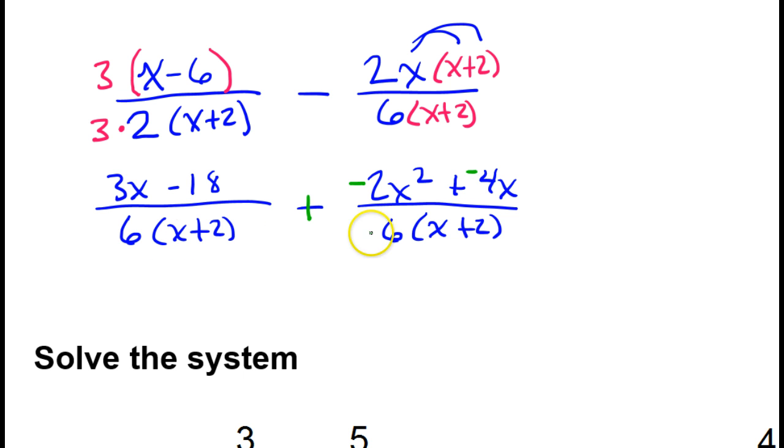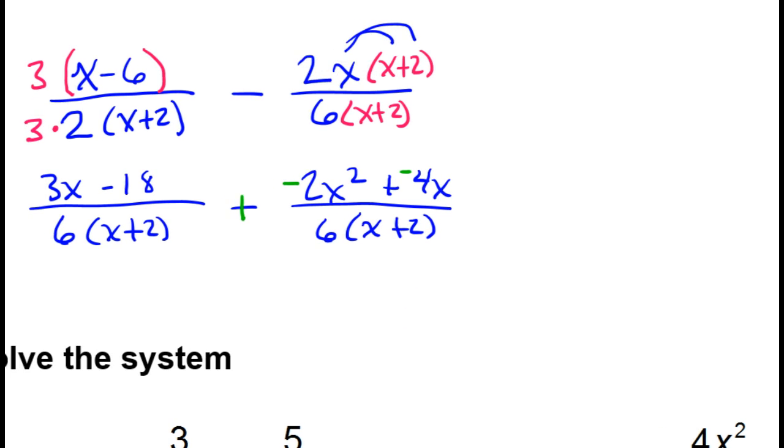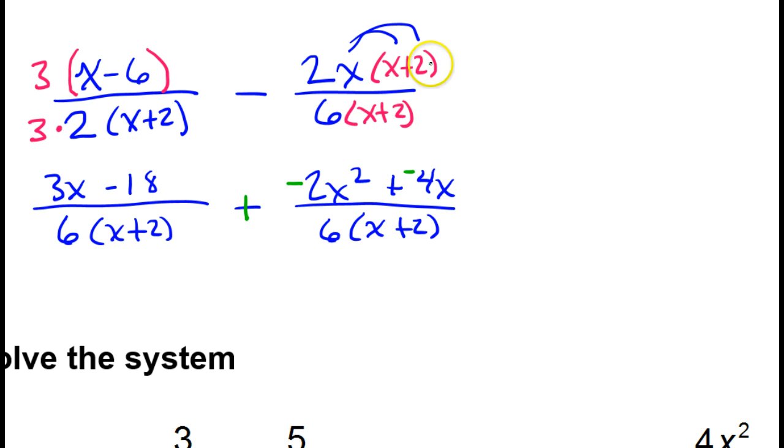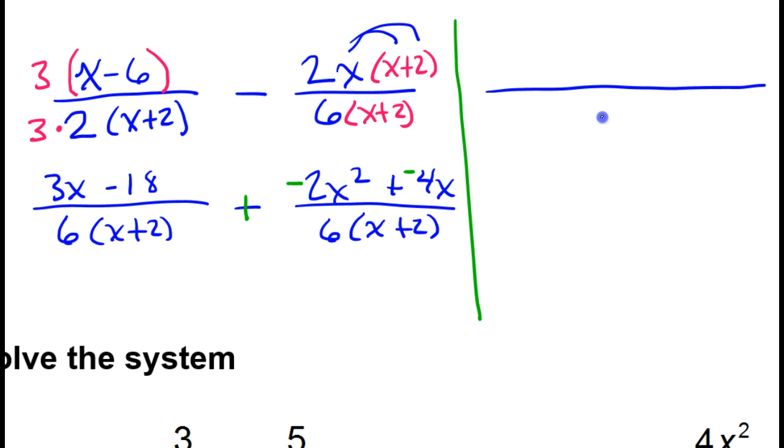So now, since I have like denominators, I can combine these into one fraction. So it's going to be like this. So I've got one fraction happening. So I'm using my like denominator of 6 times x plus 2, and I'm just going to combine all these like terms. Start with the highest power.